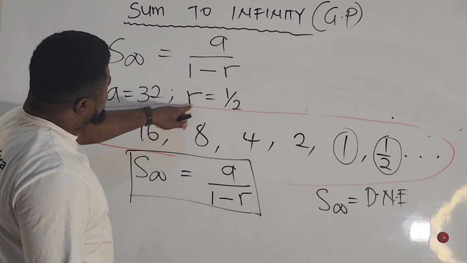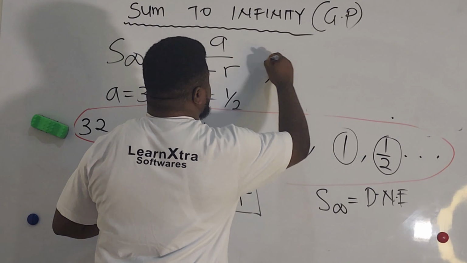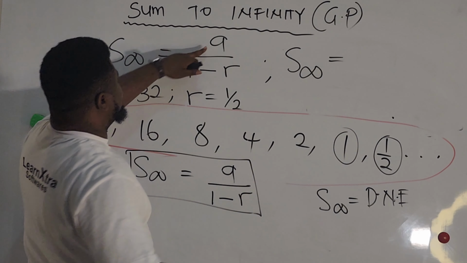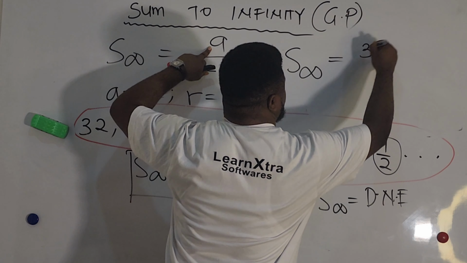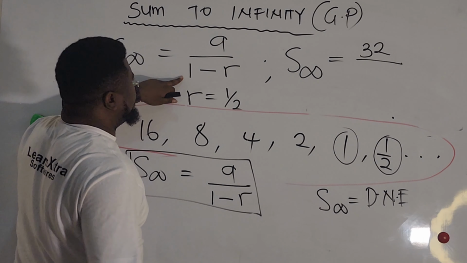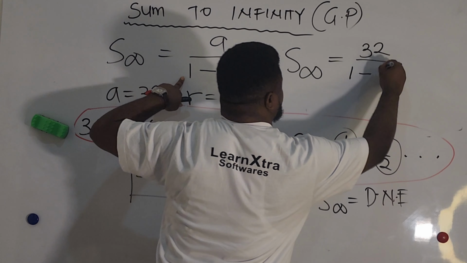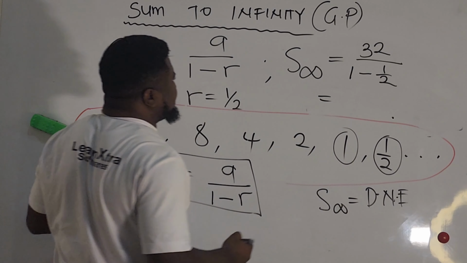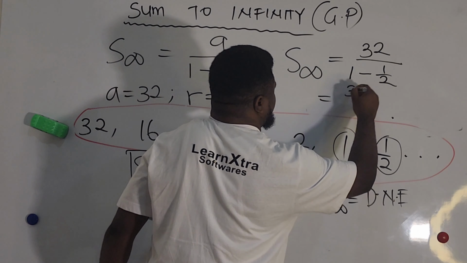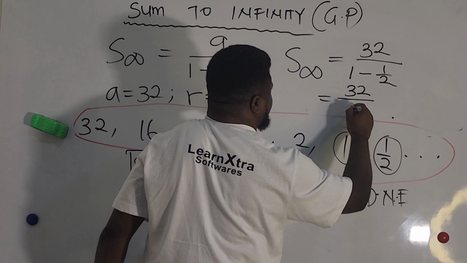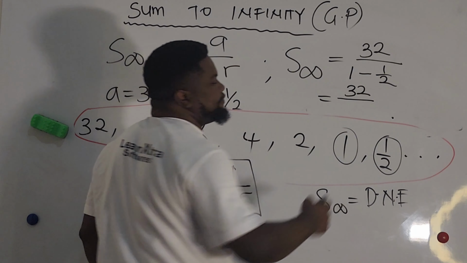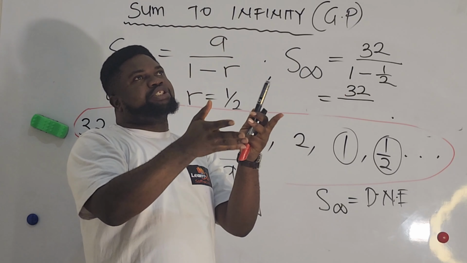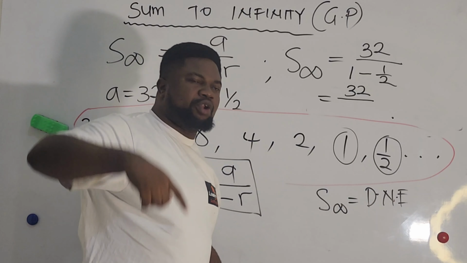A is 32, R is 1/2. This means that the sum to infinity is 32 all over 1 minus 1/2. This is 32 divided by 1 minus half. If you remove half from 1, half will remain.